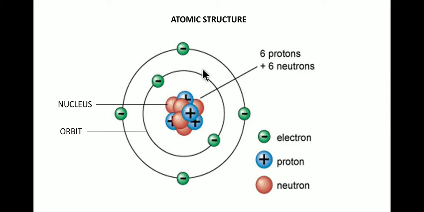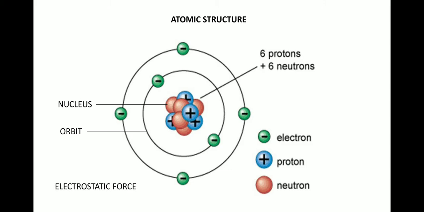Like charges will repel, meaning if an electron comes closer to another electron, being the same charges, like charges, they will repel each other. But if a negative charge comes closer to a positive charge, then they attract each other, and this force of attraction or force of repulsion is called the electrostatic force.